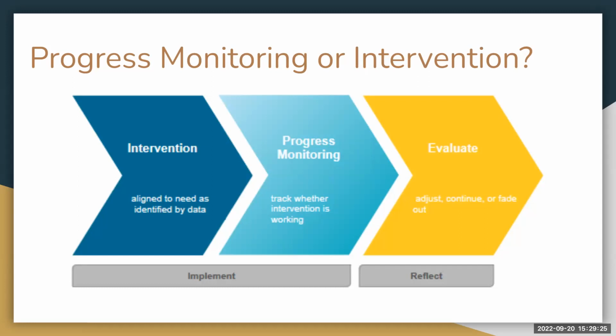Whereas intervention is when we know that they need a specific skill improved. So MAP testing would fit within that cycle more at the evaluating stage, where we are trying to identify those skills that need intervention, okay? Once those skills have been intervened on, we can move on to the progress monitoring phase, where we are taking continual data instead of the instruction piece, which is more of that intervention.